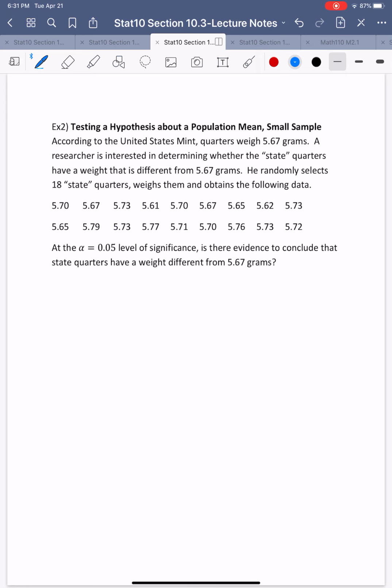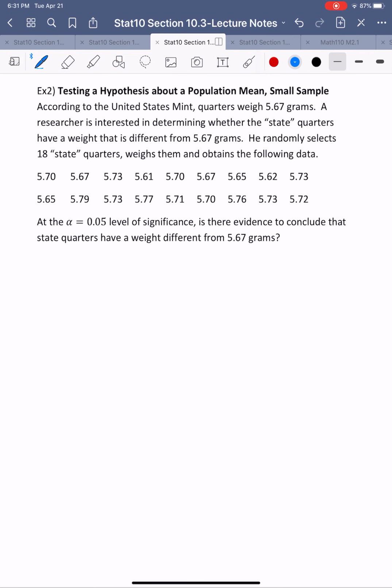All right, let's do the next problem. In the next problem, we are using the small sample. According to the United States Mint, the quarters weigh 5.67 gram. A researcher is interested in determining whether the state quarter has a weight that is different from 5.67 gram.